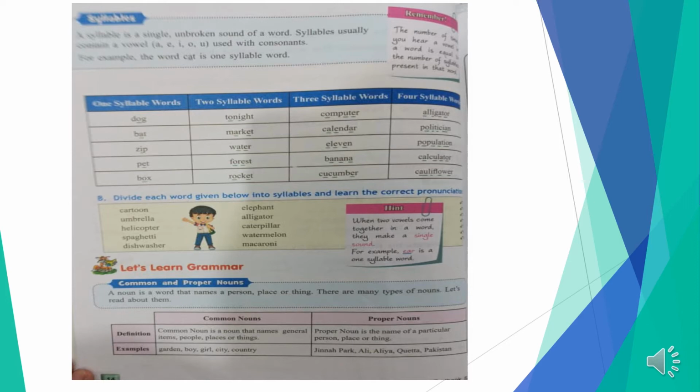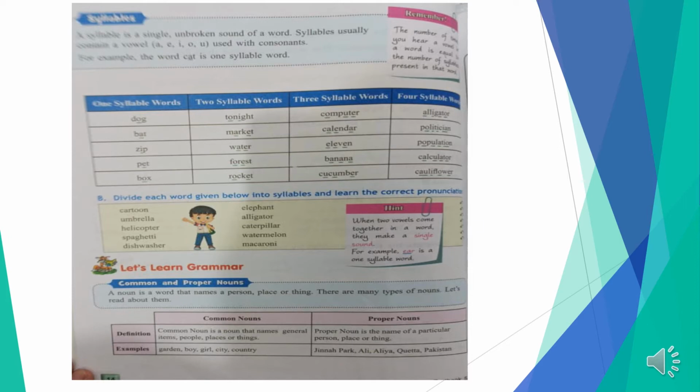Next word is spaghetti. We pronounce it as spaghetti. Next word is dishwasher. We pronounce it as dishwasher. So these are the 3 syllables in this word.